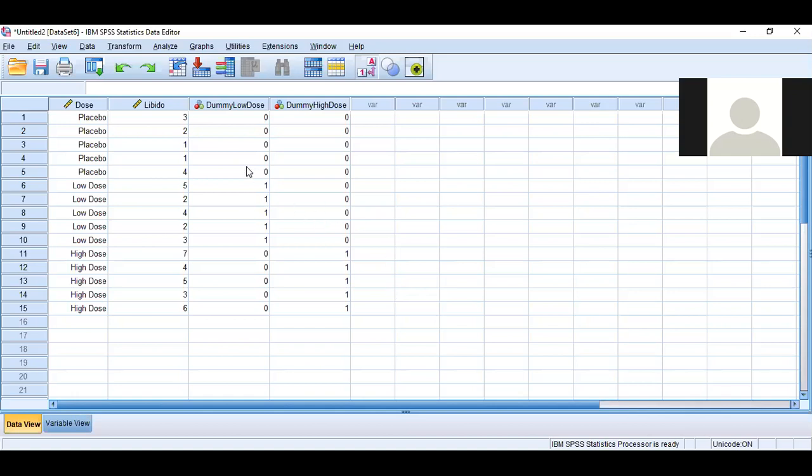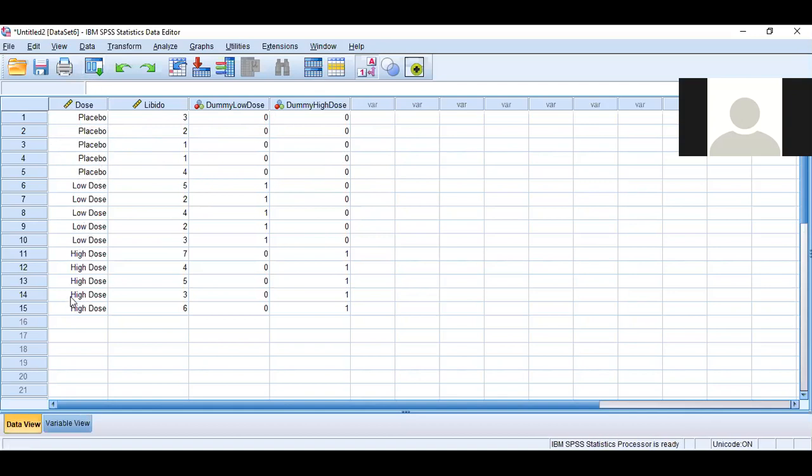So now let's look at the way we run it. This dummy is what we want to use for regression. You are not using the dose. You are using the placebo to get libido and the dummy, because the dose is for when you are doing your normal ANOVA.